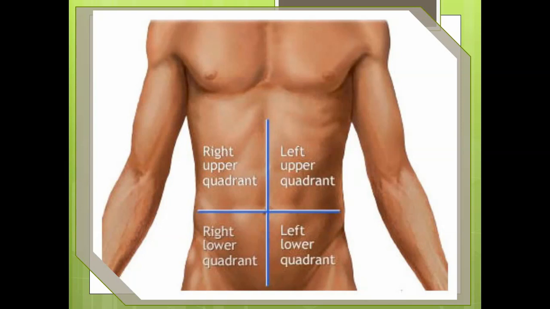At the same time, the left upper quadrant consists of the stomach, the left lobe of the liver, the pancreatic tail and body, which will come in the left upper quadrant, and also the spleen, and the left renal, in the sense the kidney.